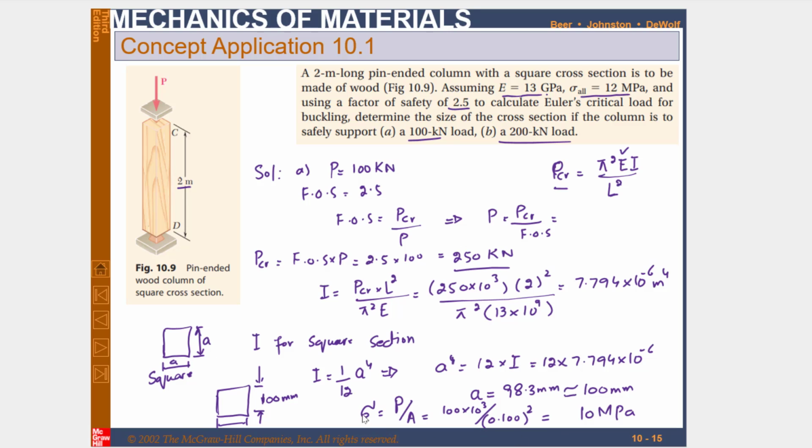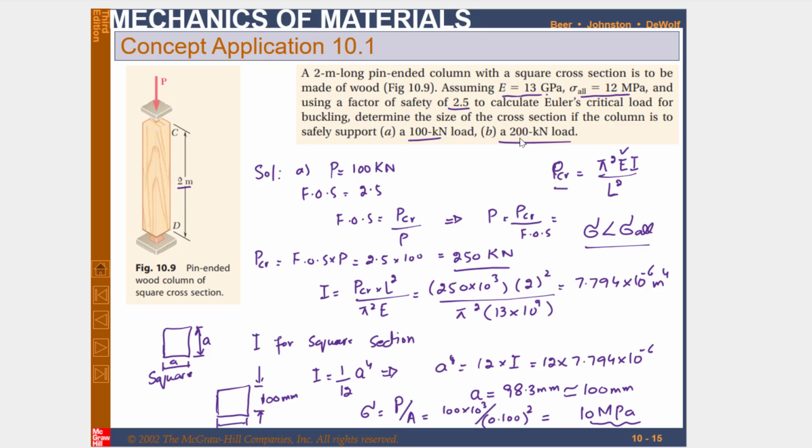Now you can see, due to this load, the stress is 10 megapascal and your allowable stress is 12 megapascal. So your applied stress is less than the allowable stress, so it means the design will be safe. And also P critical, that is 250 kilonewton, is greater than P, clear? So it will not buckle at a load of 100 kilonewton.